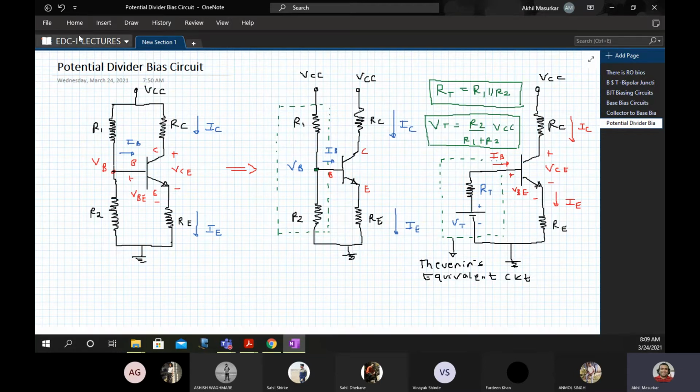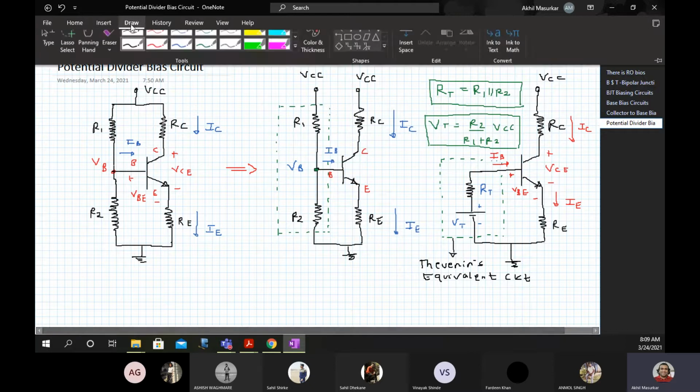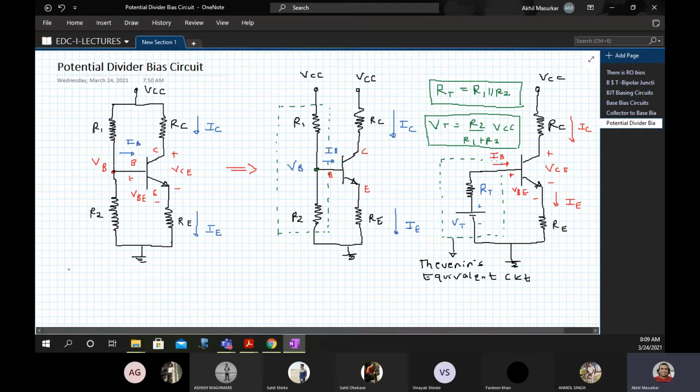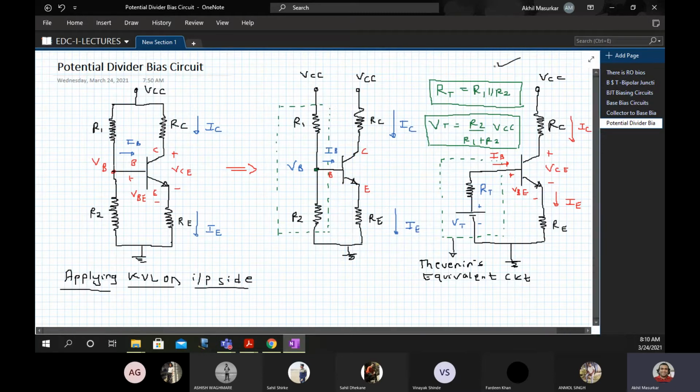First we will apply KVL on the input side. Input side means in which circuit? In the third circuit. We will apply all KVL and KCL in this circuit.